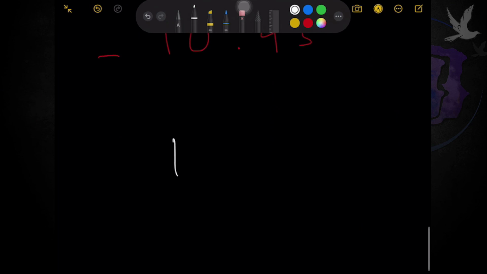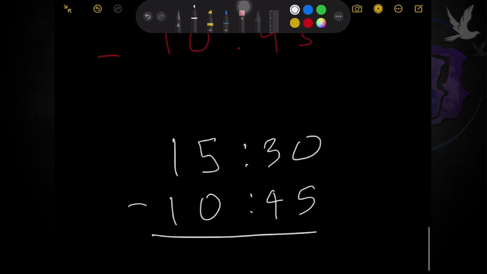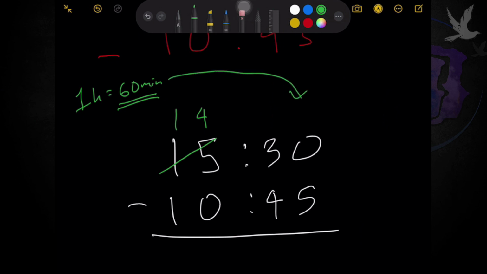Sulatin ko lang ulit. 15:30 minus 10:45. The moment you're going to remove 1 hour from 15, this will become 14. Knowing that 1 hour is equivalent to 60 minutes, this 60 minutes will then be transferred here.